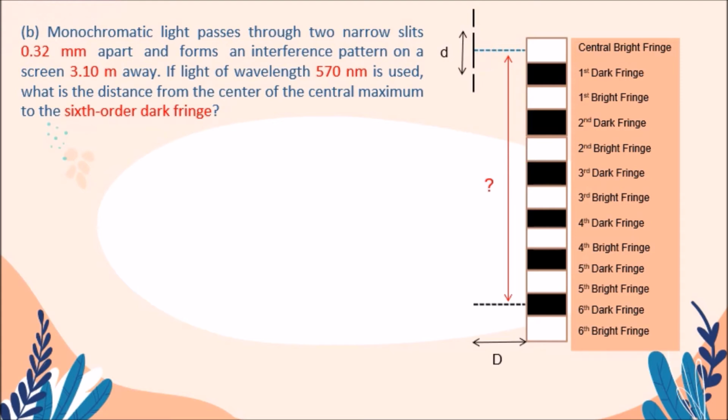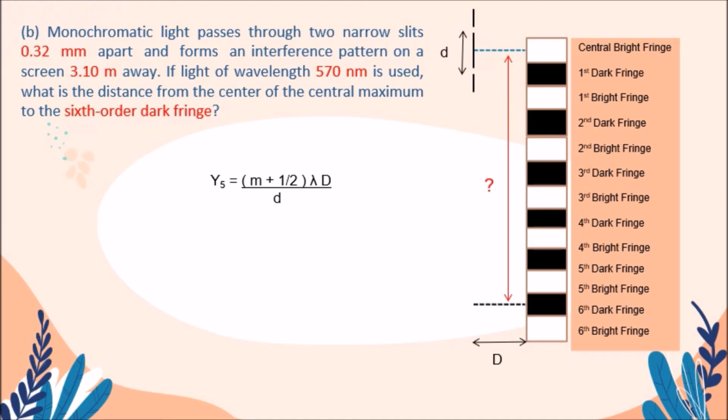Firstly, we should identify the equation that we will use to solve this question. Since the question asks what is the distance from the center of the central maximum to the sixth order dark fringe, we know that we will use y equal to (m plus 1 over 2) times lambda D over d.